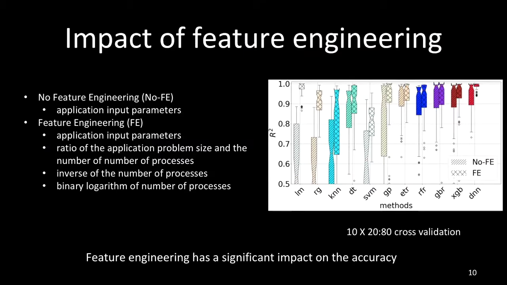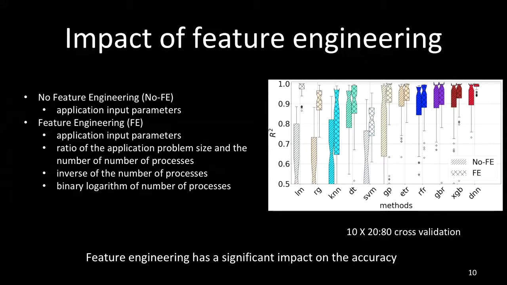So the model that we are going to build is not only a function of input and output, but we also want to incorporate the domain knowledge by using these features: something that captures the communication, something that captures the scalability, and something that captures the amount of work done at each node. These are the engineered features. And in this plot, what you see here is this.